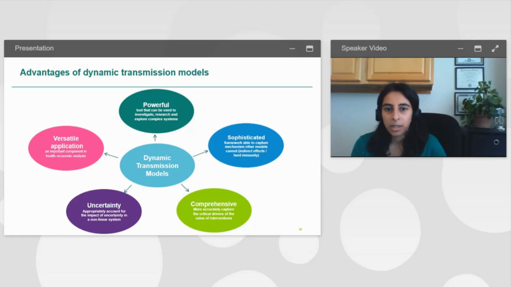So all of these different components of dynamic modeling can be captured and be used to inform cost-effectiveness analysis and the wider value of interventions that target infectious diseases.